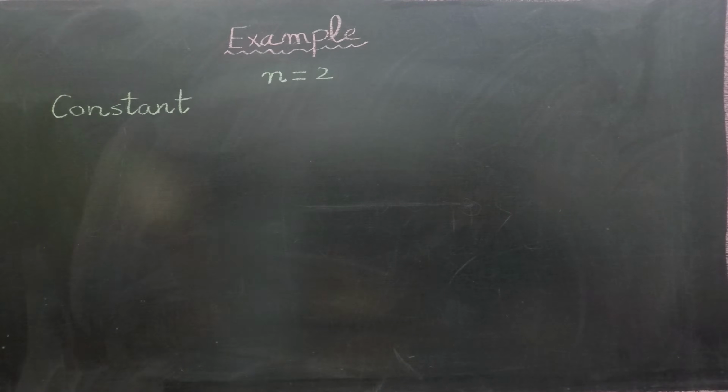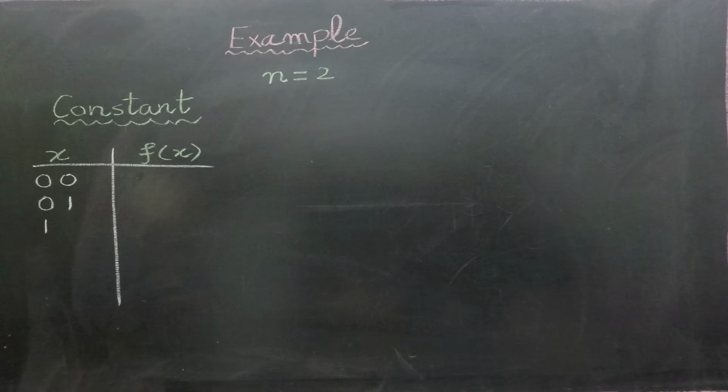When f is constant, it will either produce all zeros or all ones as output.